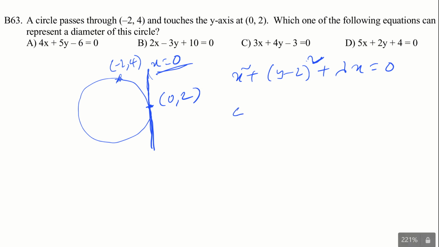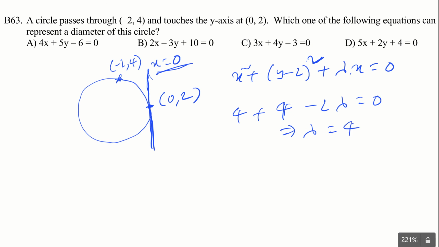Substitute the point. You'll get 4 + (4 − 2)², 4 plus λx, that will be −2λ = 0. From this I am getting λ equal to 4.